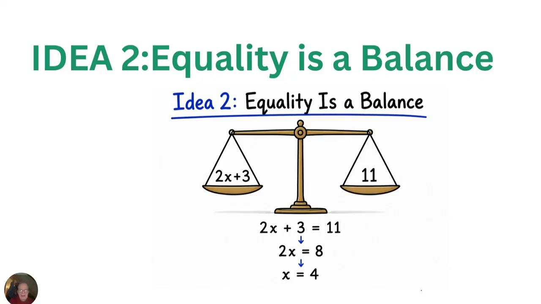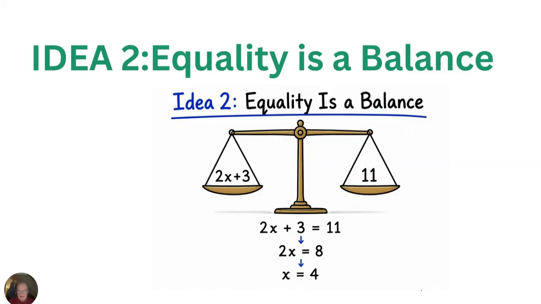Okay, now we're looking at equality, and all that is a balance. And you can see the two sides of this scale are balanced on the equal sign. Whatever I do to one side, we are going to have to also do to the other. So I'm removing the 3 on the left, and I also have to remove the 3 on the right.